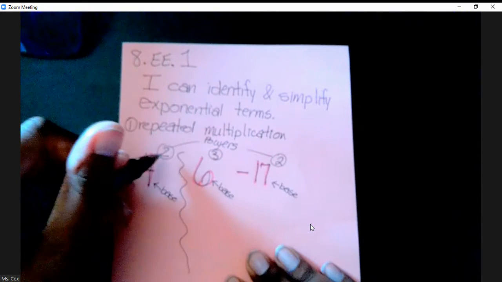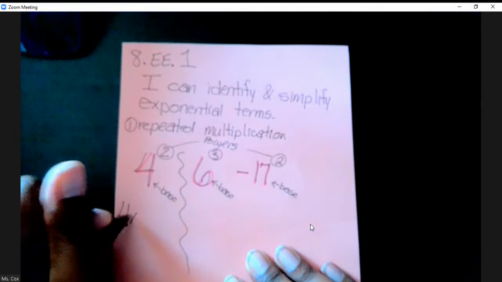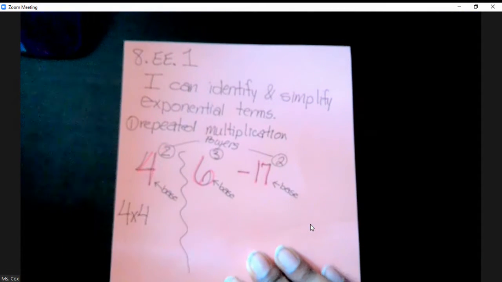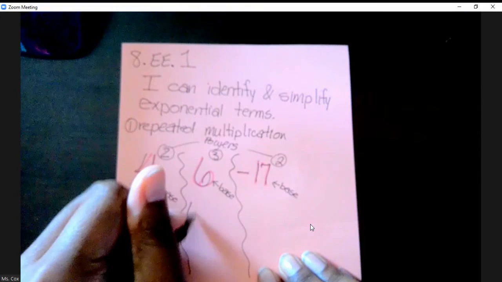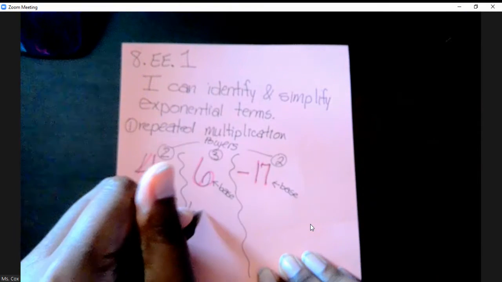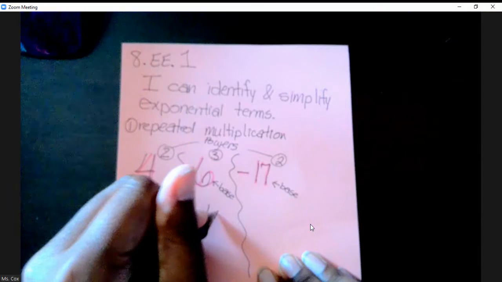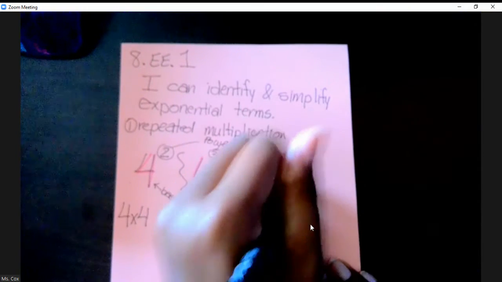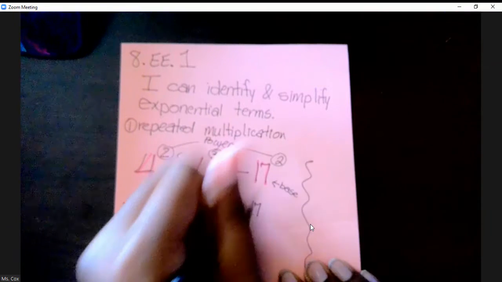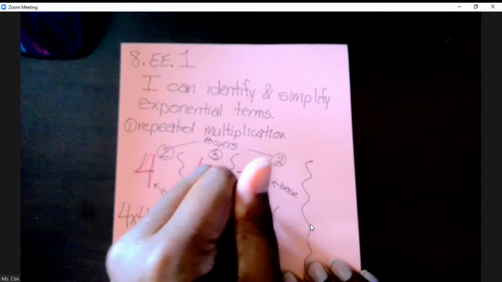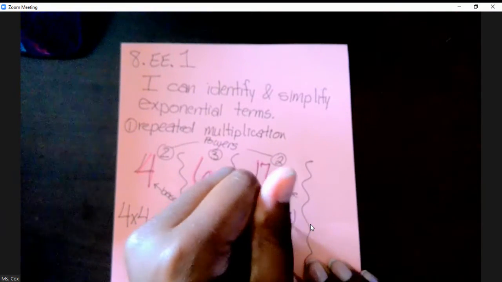And then you use your power to tell you how many times to use your base. And you do that for all of these. You start with your base. Use your power to tell you how many times to use your base. Start with your base. This one is negative. And use that power again to tell you how many times to use the base.